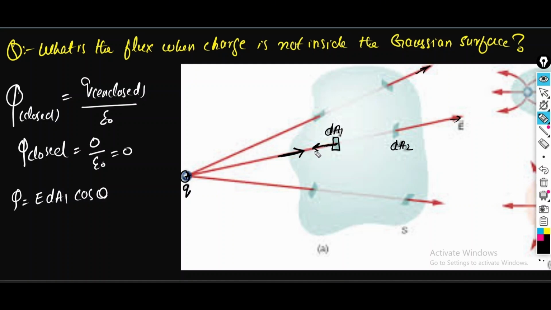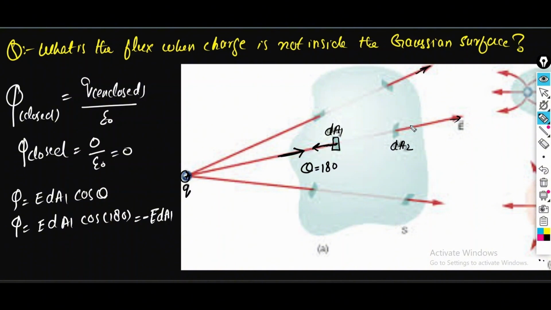So the angle theta between these two directions is 180. Putting 180 instead of theta, the flux is E dA1 cos 180, and cos 180 is equal to minus 1. So it becomes minus E dA1.